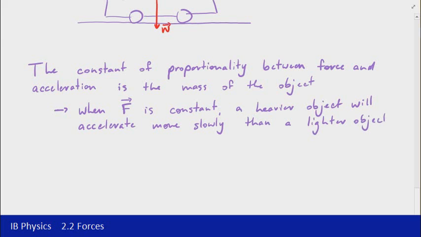Which kind of makes sense. If you've got, say, a car and a bus, apply a constant force to both of those, the car is going to accelerate much more quickly because it's got a much lighter mass.